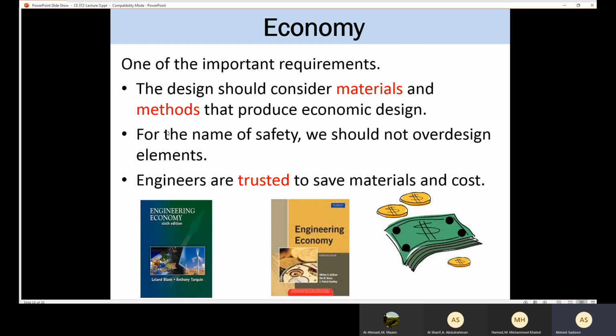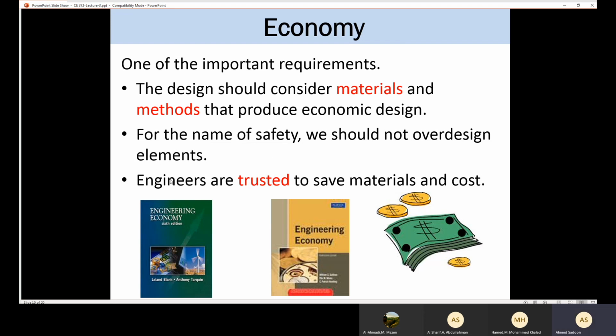And also, I'm going to use a method that makes the design economic. Sometimes, in the name of safety, some engineers are going to over-design the elements. They put a lot of steel and larger thickness in the name of safety.